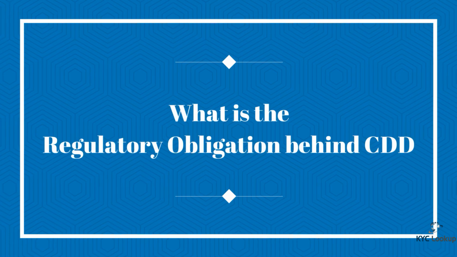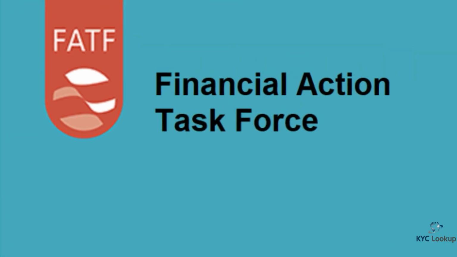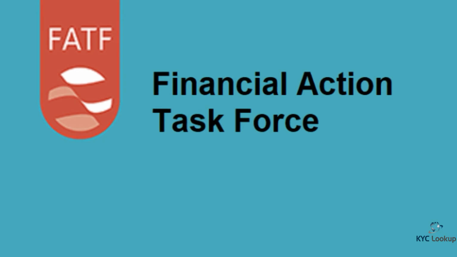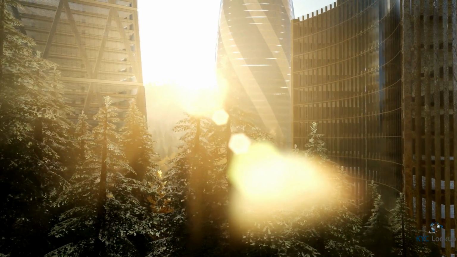What are the regulatory obligations behind CDD? As the Financial Action Task Force highlights in Recommendation 10, financial institutions are required to take enough measures to determine they are comfortable and satisfied that they know who their client is before entering into a business relationship.